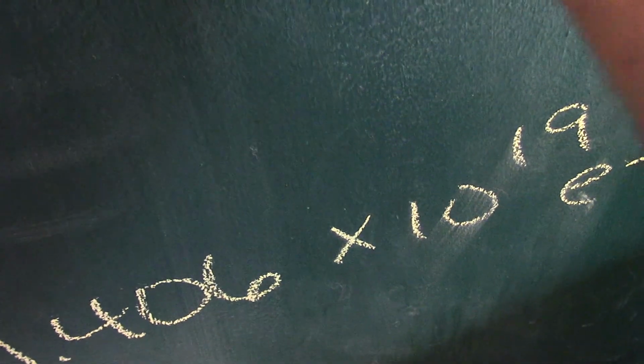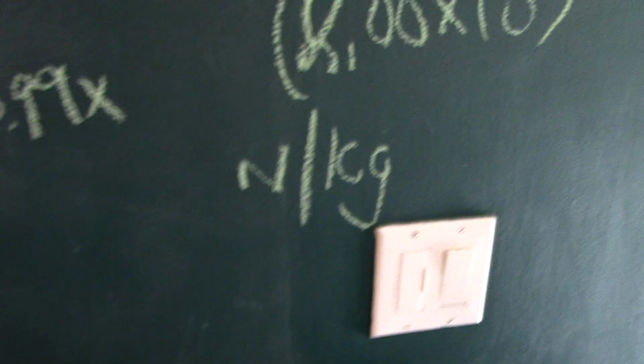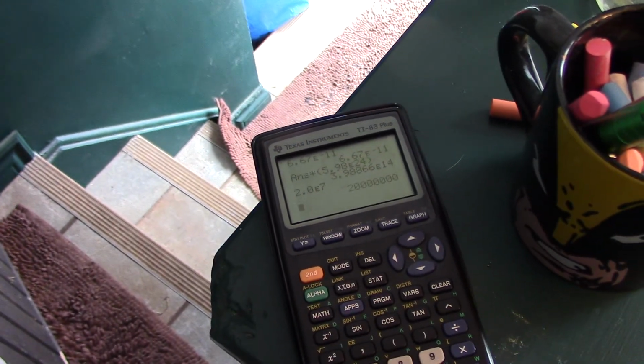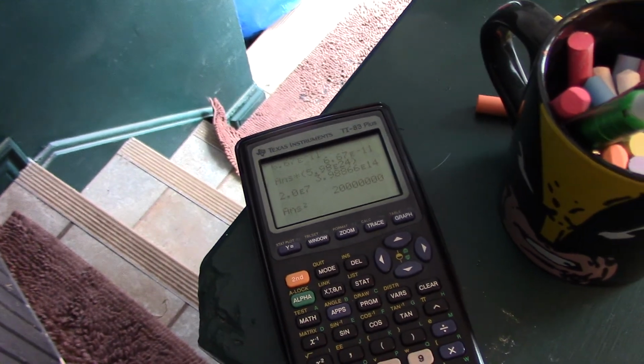So I have 3.99 times 10 to the 14th up top, and then let's square the bottom, 4 times 10 to the 14th.